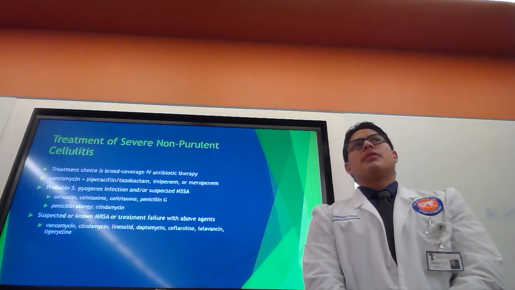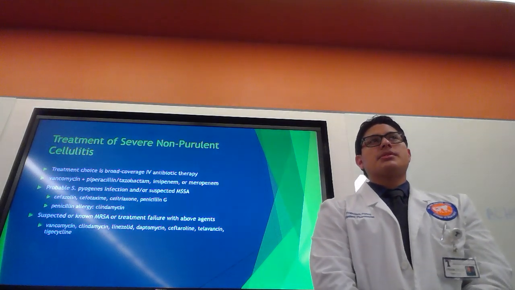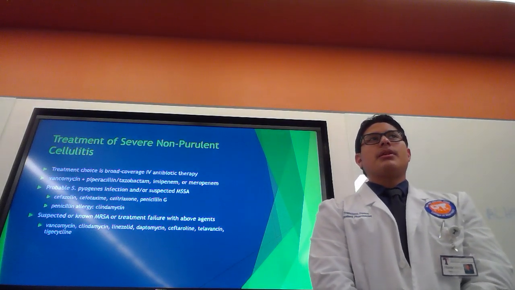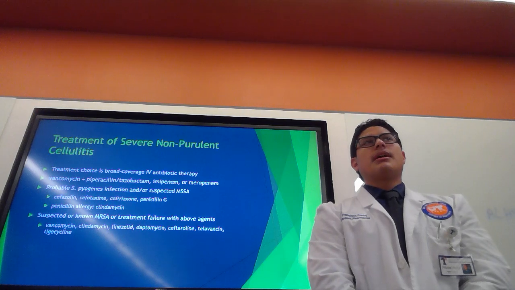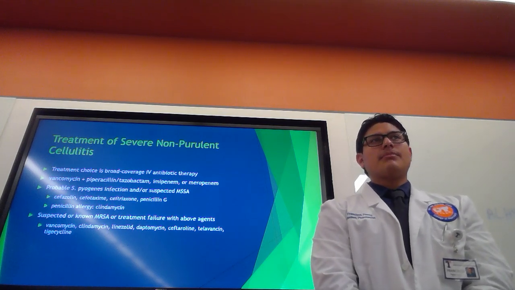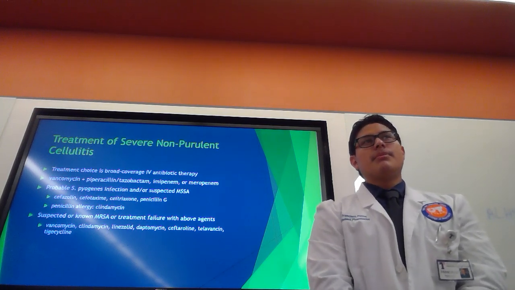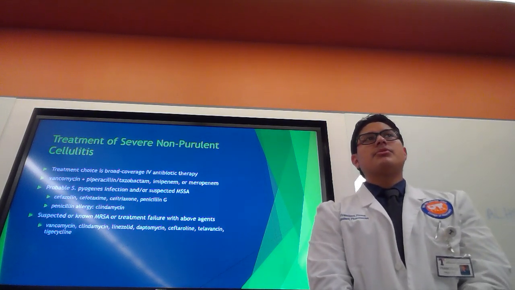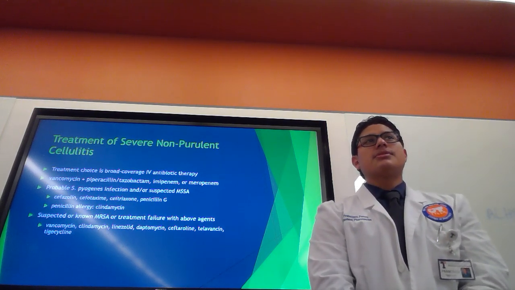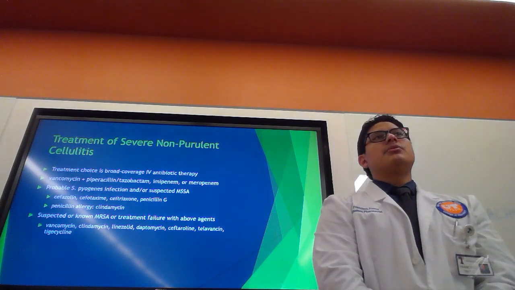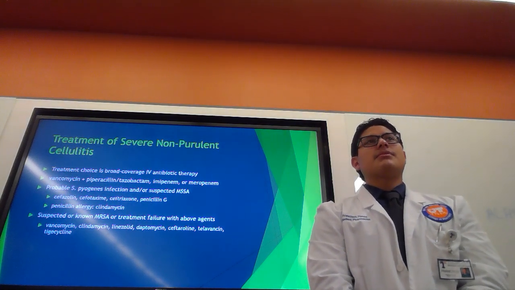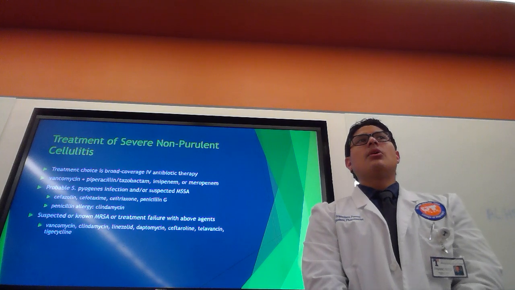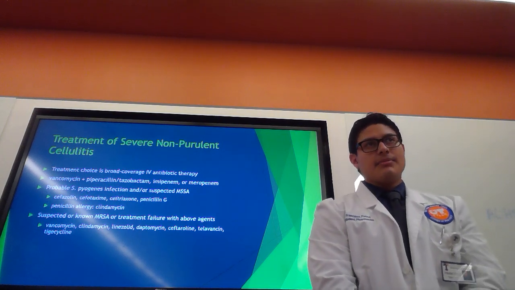And then for severe non-purulent cellulitis, the treatment of choice is broad coverage IV antibiotic therapy with vancomycin plus piperacillin/tazobactam, or the carbapenems imipenem or meropenem. For probable Streptococcus pyogenes infection and/or suspected MSSA, you can use cefazolin, cefotaxime, ceftriaxone, penicillin G, or if they have a penicillin allergy, clindamycin.